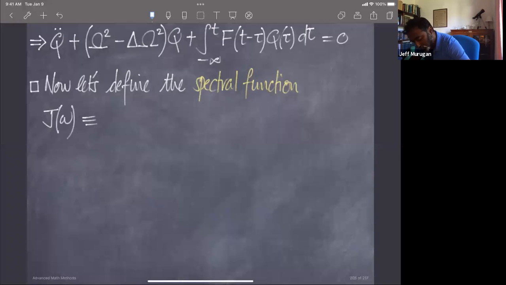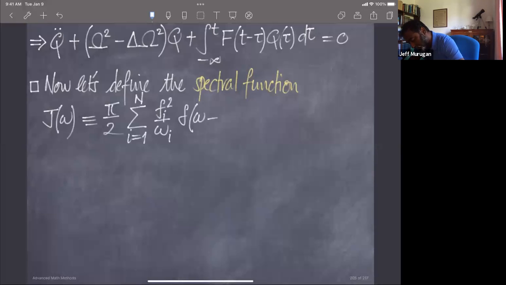And J of omega is going to be defined as pi over 2 times the sum over i of Fi squared over omega i delta of (omega minus omega i). So the spectral function is a sum over a set of delta function spikes, in some sense. Each of these delta of (omega minus omega i) is a delta function spike.